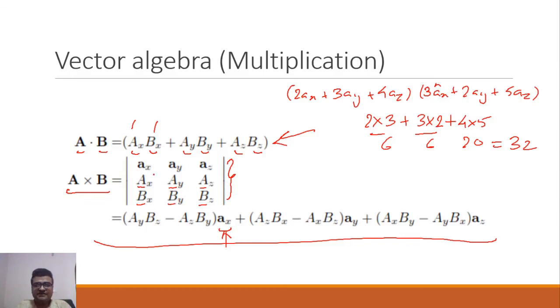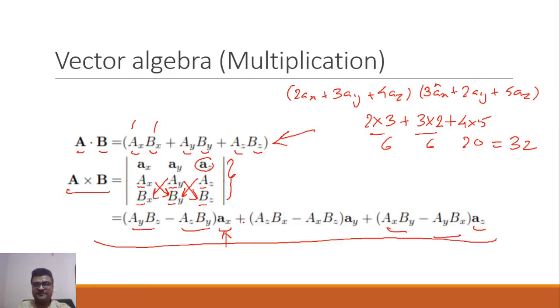To find out the coefficient of AX, we have cross multiplied first AY BZ and then AZ BY. See this, AY BZ and AZ BY. Then after that, to find out the coefficient of AZ, which is here, we have to multiply AX BY, then after that AY BX, like this.